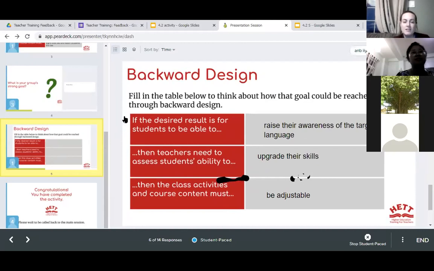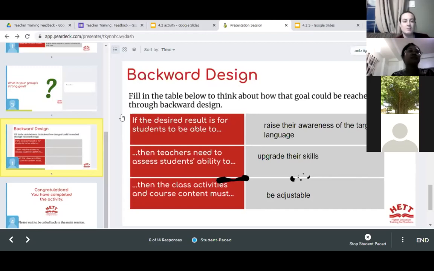If the desired result is for students to be able to raise their awareness of the target language, I think that might be too broad. Which target language and how much? It's just a little bit too broad. Then teachers need to assess students' ability to upgrade their skills. Then the class activities and course content must be adjustable.